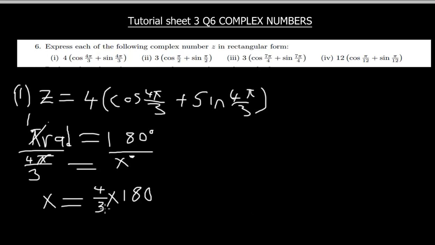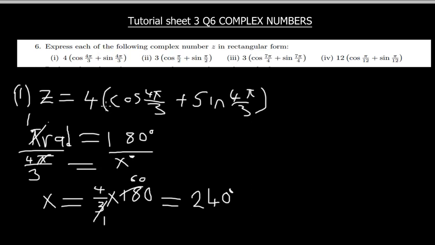So the best way is first you divide this 3 into 180. 3 into 18 is 6, plus the 0, you get 60. So 4 times 60, your answer will be 240 degrees.